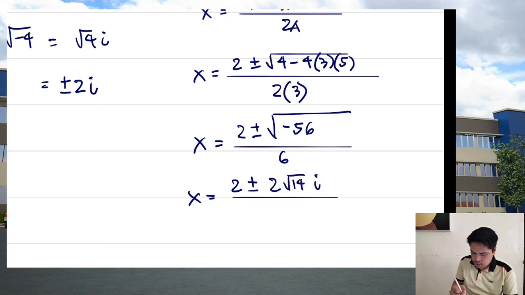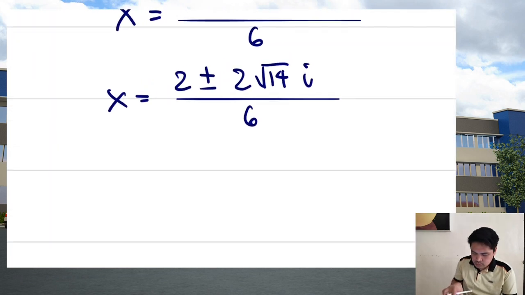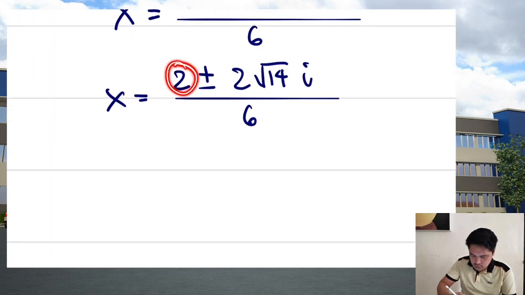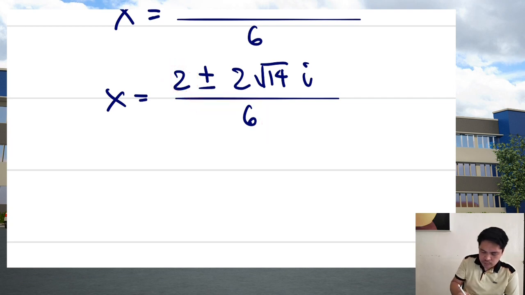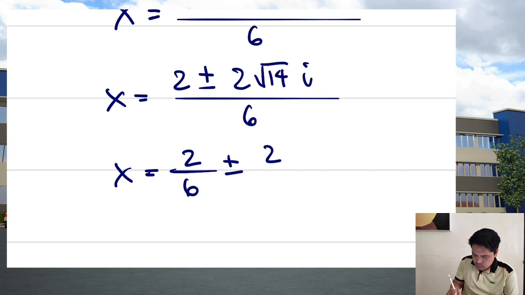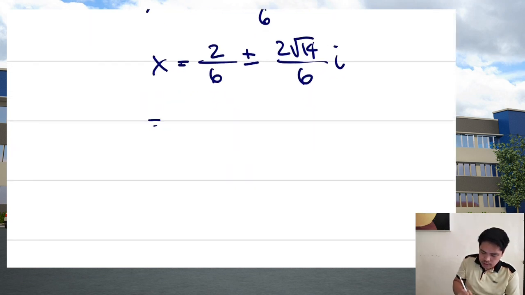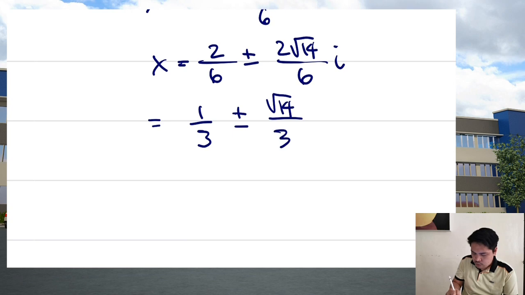Then divided by 6. Okay. So, ito, that would be 2 over, sige, ayusin natin. That would be 2 over 6 plus minus 2 square root of 14 over 6i. Hence, this is 1/3 plus minus square root of 14 over 3i.